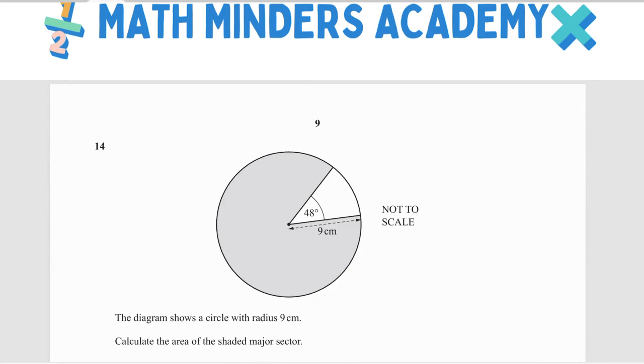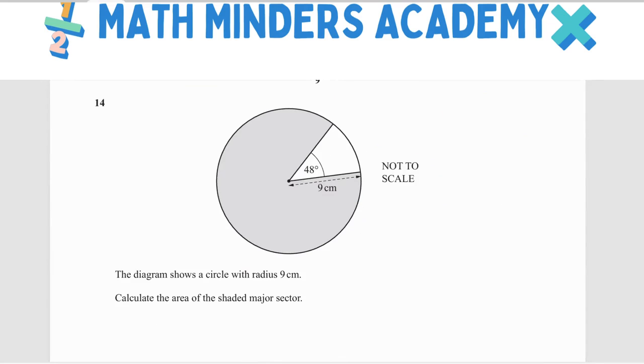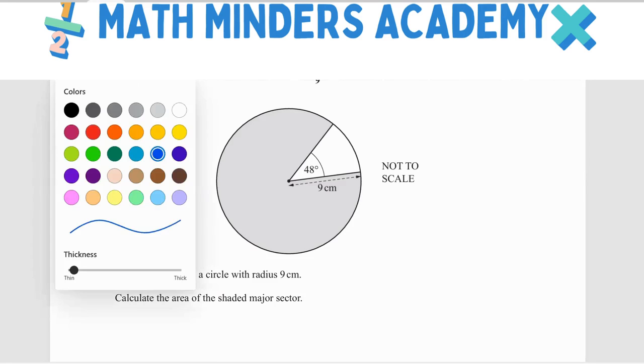We proceed to question number 14. For question 14, we are told that the diagram shows a circle with radius 9 centimeters. We are required to calculate the area of the shaded major sector. So we need the angle of this major sector.